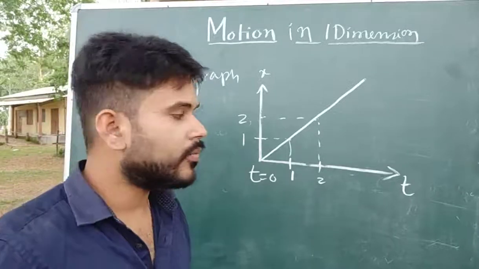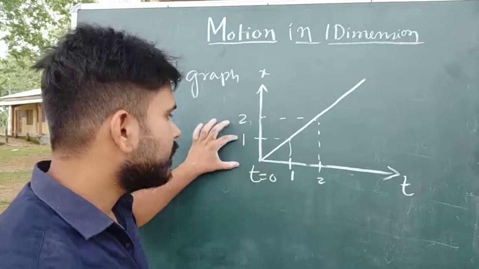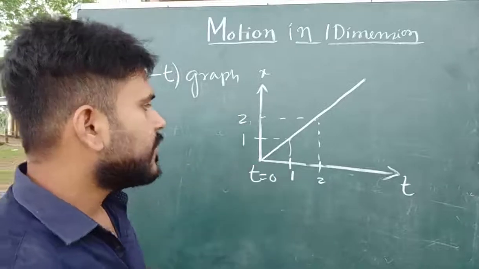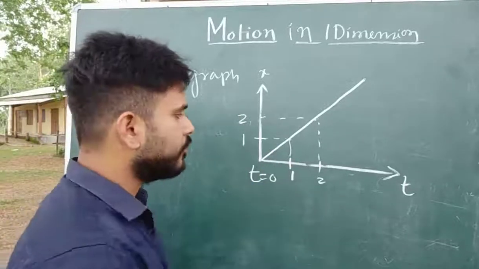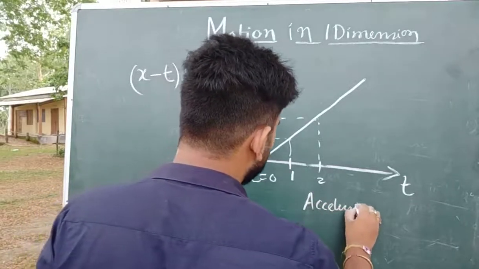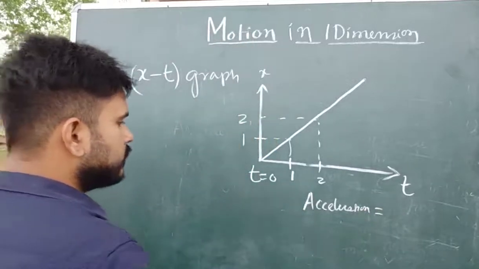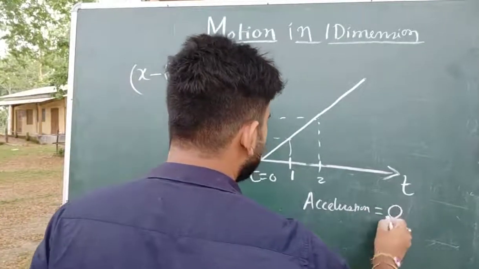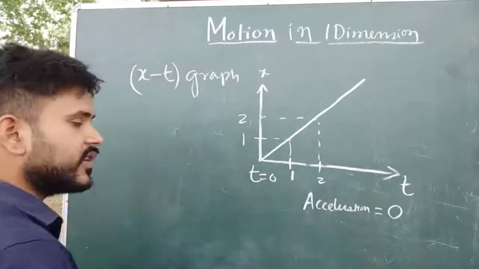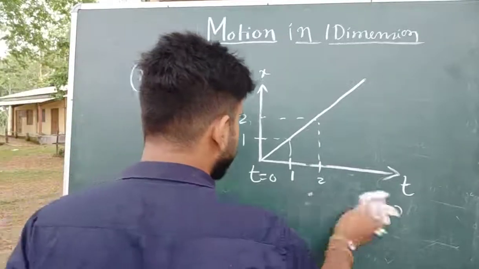My bike is in uniform motion because at time t equal to 1, it has covered a distance of 1 meter, and at time t equal to 2, it has covered a distance of 2 meter. So this type of motion is uniform motion. In this case, what is the value of acceleration? Acceleration is 0. The concept of acceleration we will come to later, in our velocity versus time graph.